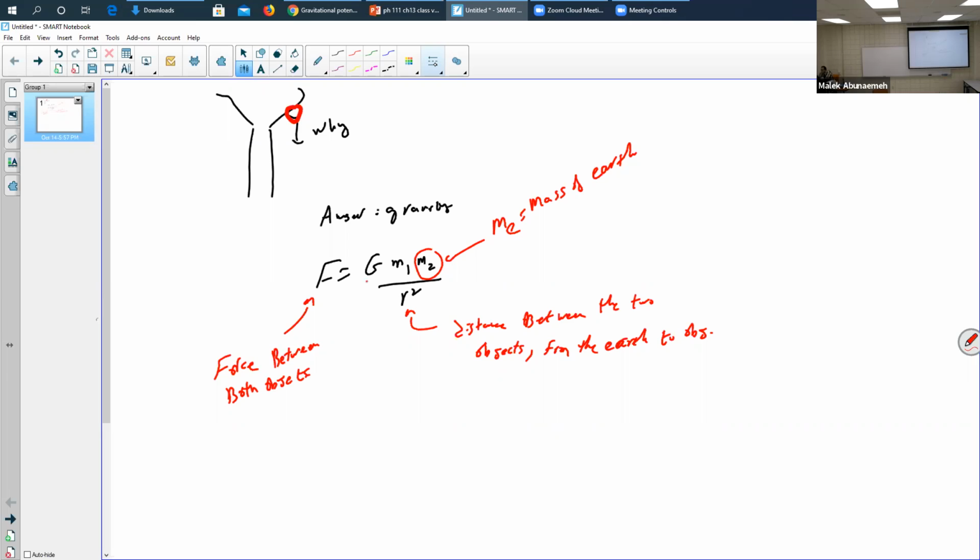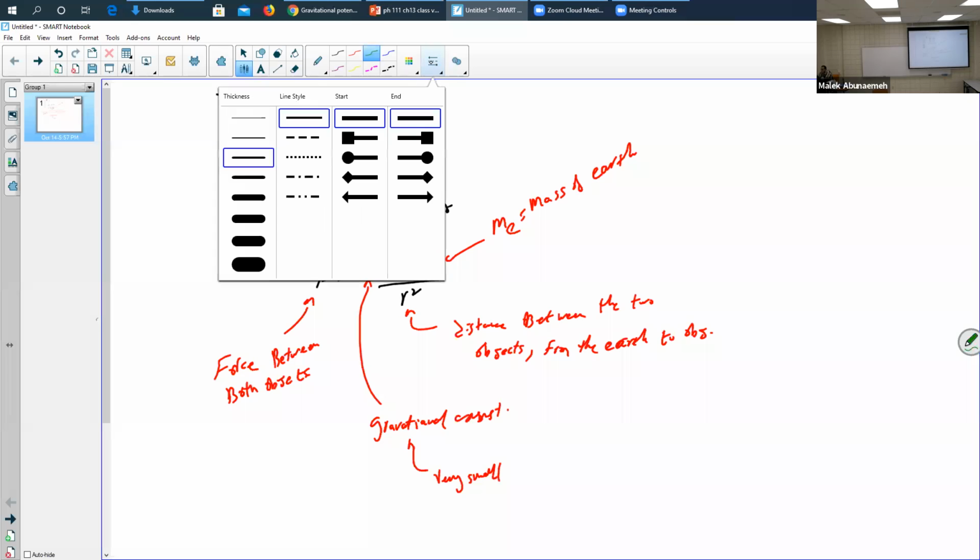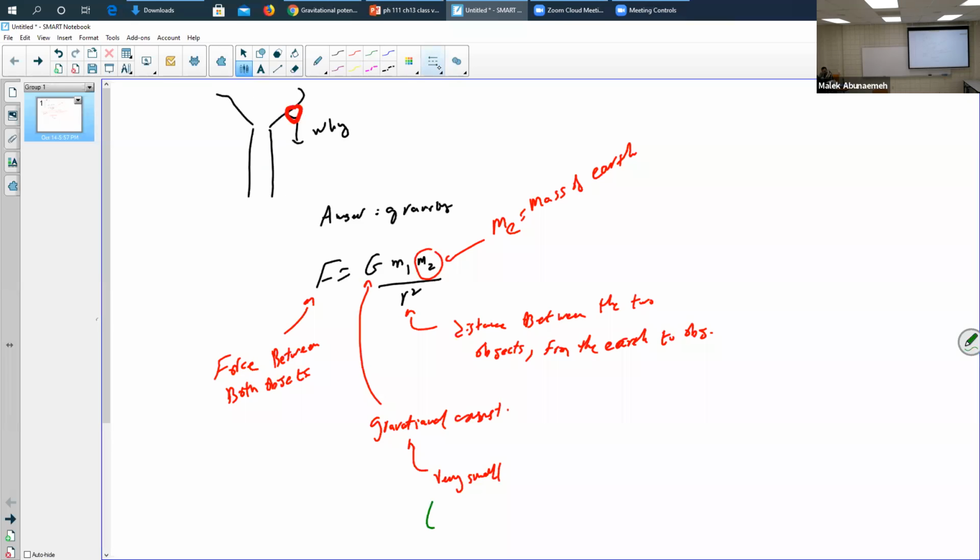Now he knew there was a G, which is going to be a constant, a gravitational constant, which he knew was very small. But he didn't know exactly how much it was, which we already know is 6.67 times 10 to the negative 11 Newton meter per kilogram.